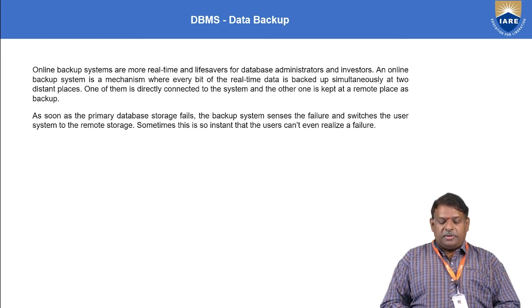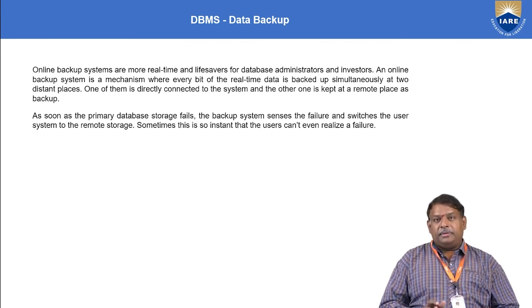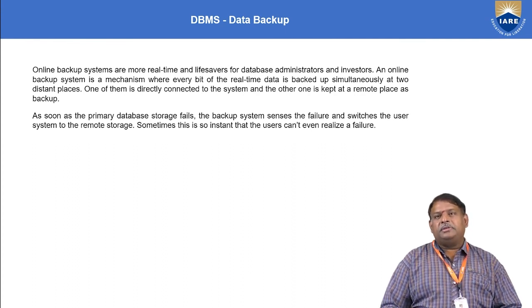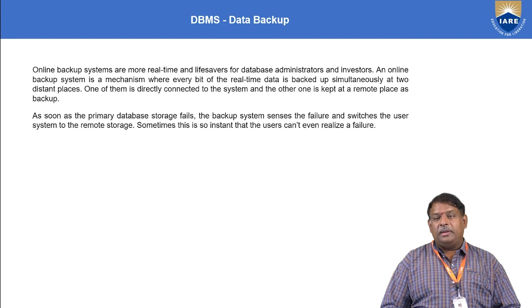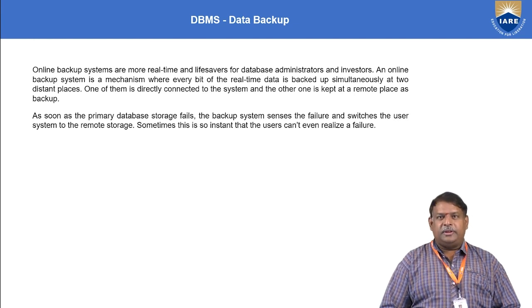Suppose you have a server here. There will be one more server at a remote place. These two will be synced. As soon as your primary database storage fails, meaning your local server fails, the backup system senses the failure and switches the user system to remote storage.